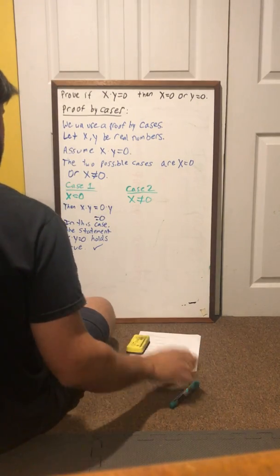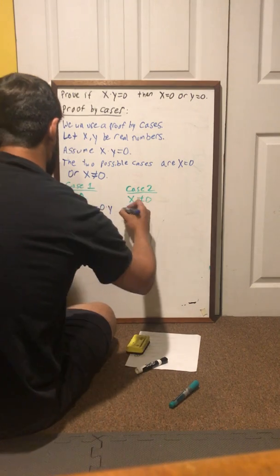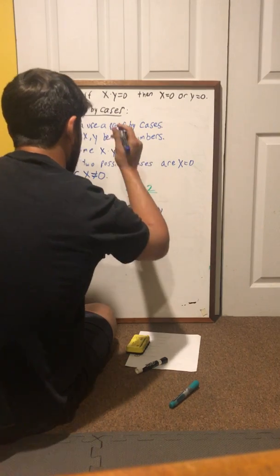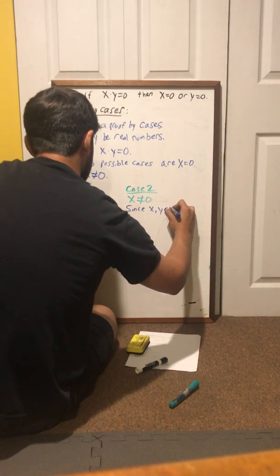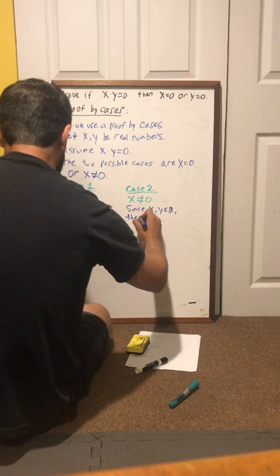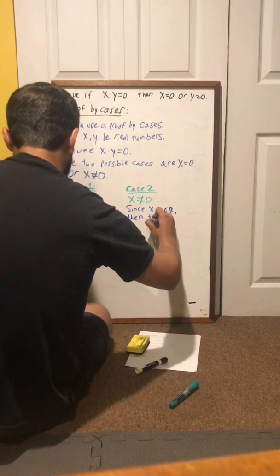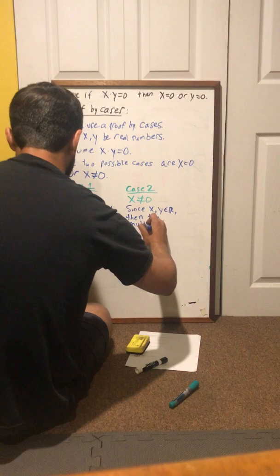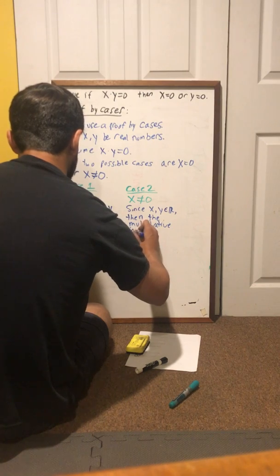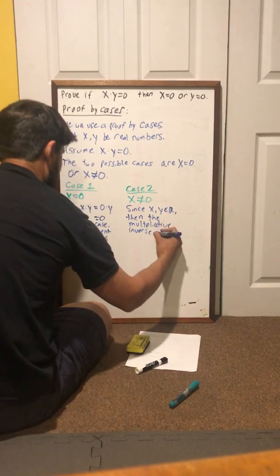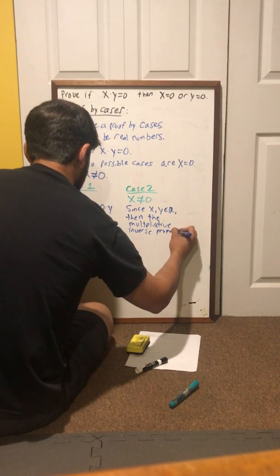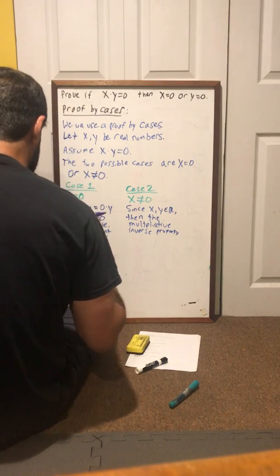So to start, since x and y are real numbers, then the multiplicative inverse property holds true.